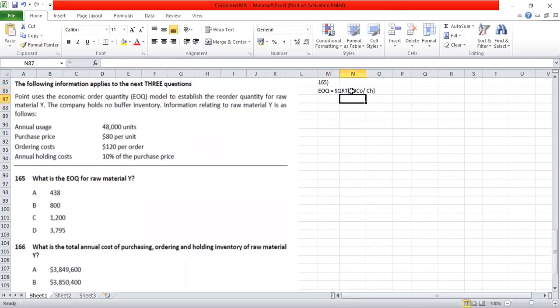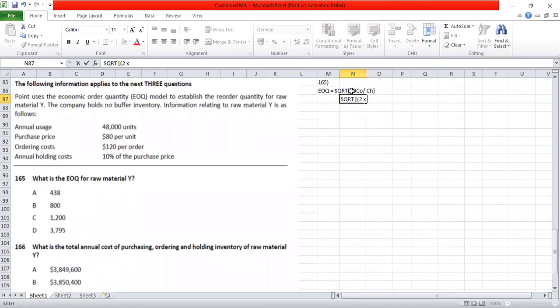So let's present this one, square root of 2 into, what's the demand?